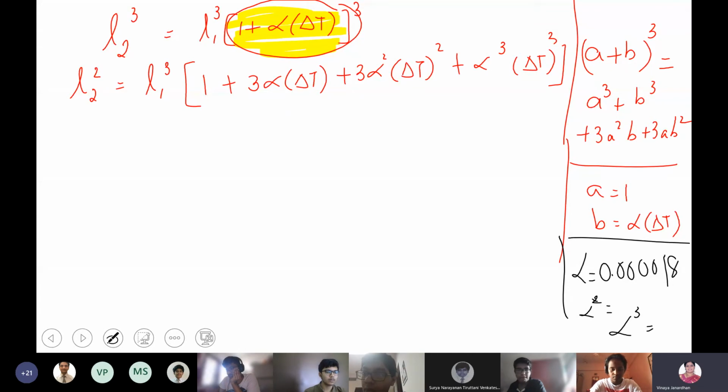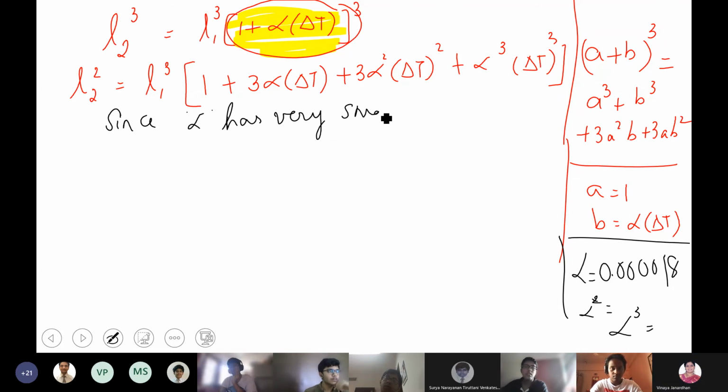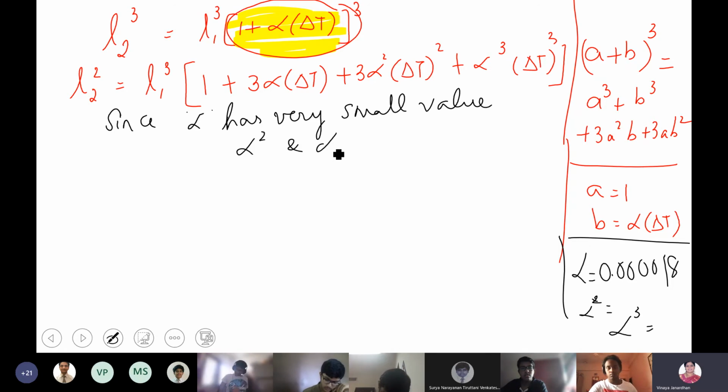Then alpha squared still has a lower value, and alpha cube a lower value still. So you can neglect alpha squared and alpha cube, since alpha has a very small value.